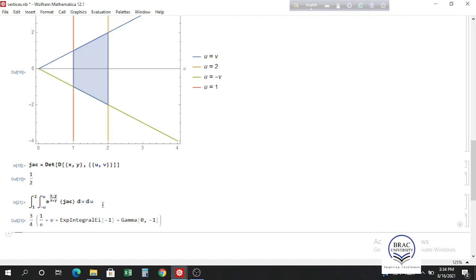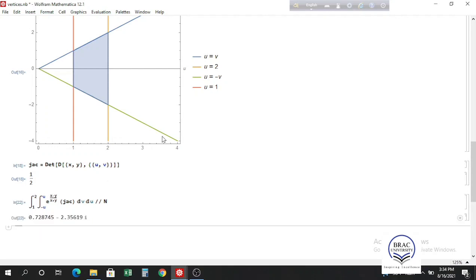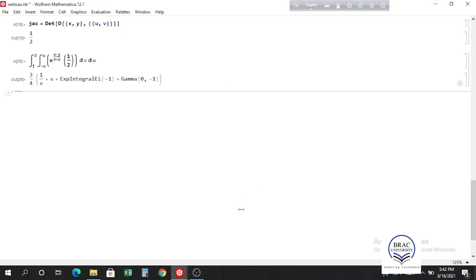So the output is complex. I think the expression should be e to the power x plus y divided by x minus y. Let's take the numerical value. You can see that this has an I component, the imaginary component.